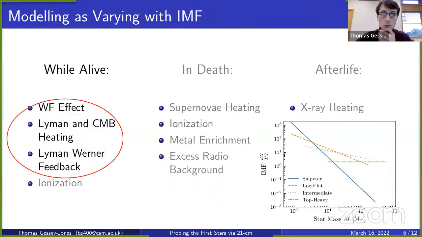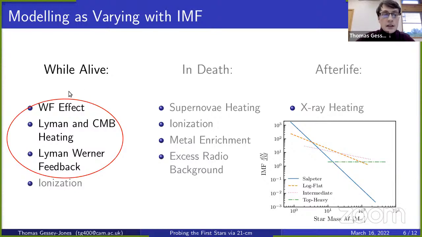So for now, we're not going to look at all 9 of these effects. There's a lot of things to be done. Instead, we're just going to concentrate on the Lyman band effects. So this is the Wouthuysen-Field effect, the Lyman and CMB heating, and the Lyman-Werner feedback. These were chosen mainly due to the fact that the Wouthuysen-Field effect is this dominant effect creating the cosmic dawn power spectrum peak and the global signal absorption trough.